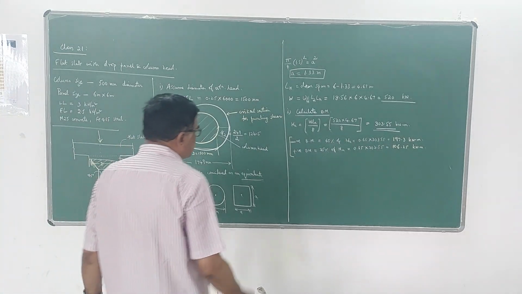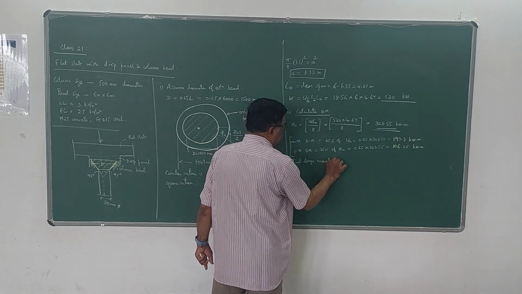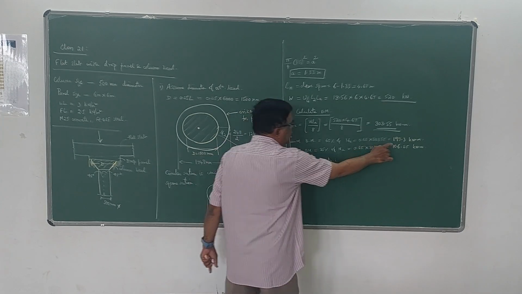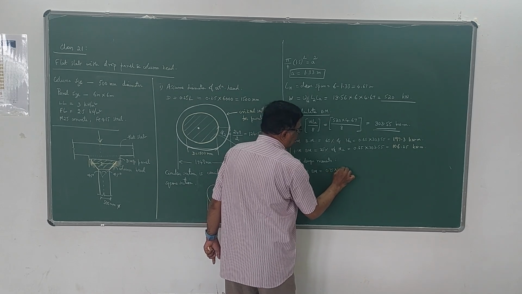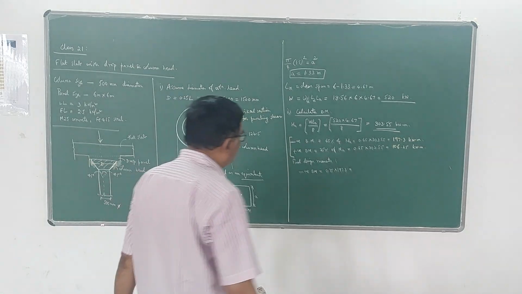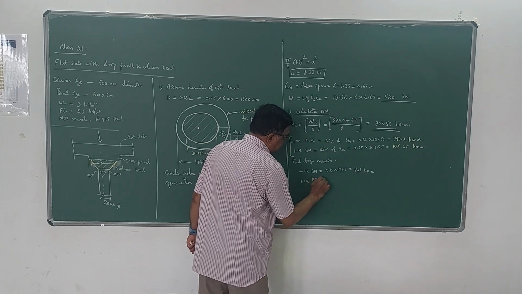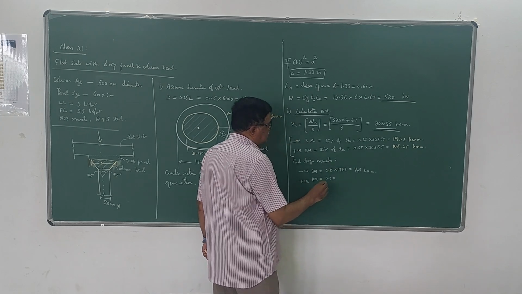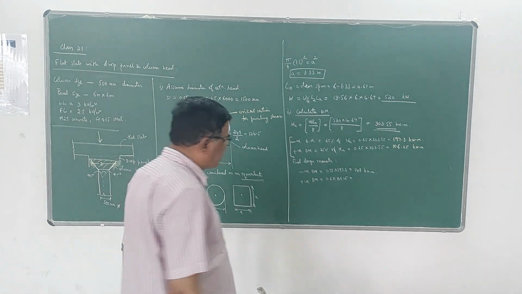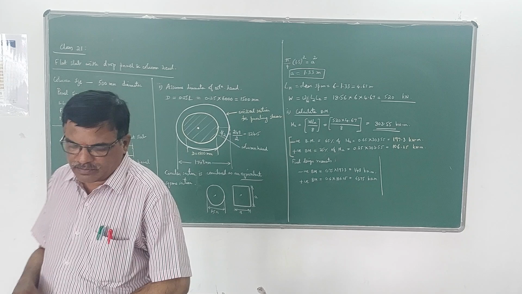So the final design moments after distribution: for the negative moment we take 75%, that is 0.75 into 197.3, which comes to 148 kilonewton meter. The positive bending moment is 60%, that is 0.6 times 106.25, which comes to 63.75 kilonewton meter. Please note these two are the moment values for which we design the column strip.